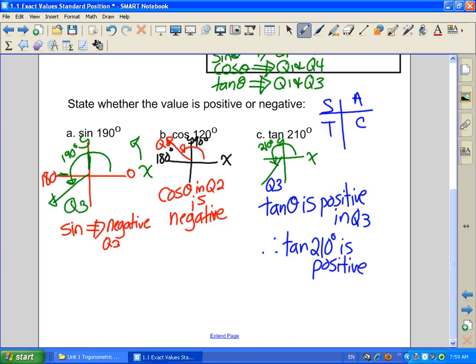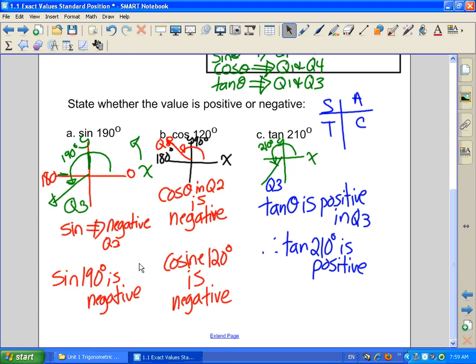It might be easier to go back here and summarize these: the sine of 190 degrees is negative, and the cosine of 120 degrees is negative.